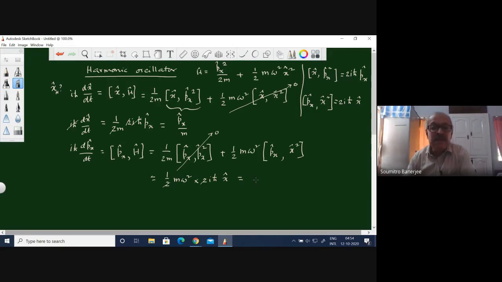Let me see, did I write this? Okay, fine, let us continue. I have to bring the i h cross from here. So dpx/dt is, I'll put 1 by i h cross, and then this term, half m omega square, i h cross x operator. This is equal to m omega square x.